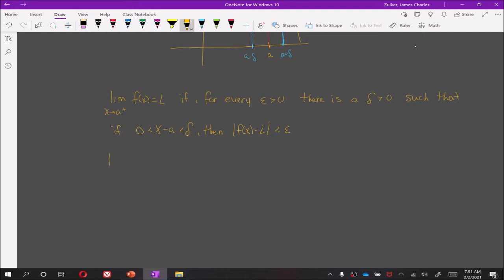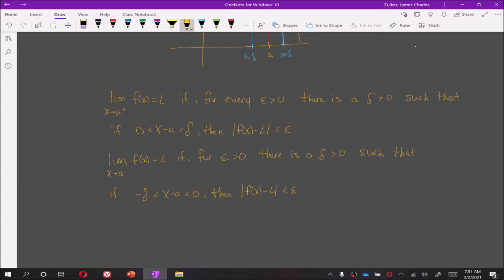Now, the left-handed limit is going to be very similar. Except now, it'll be negative delta less than x minus a less than 0. Then f of x minus L absolute value is less than epsilon.